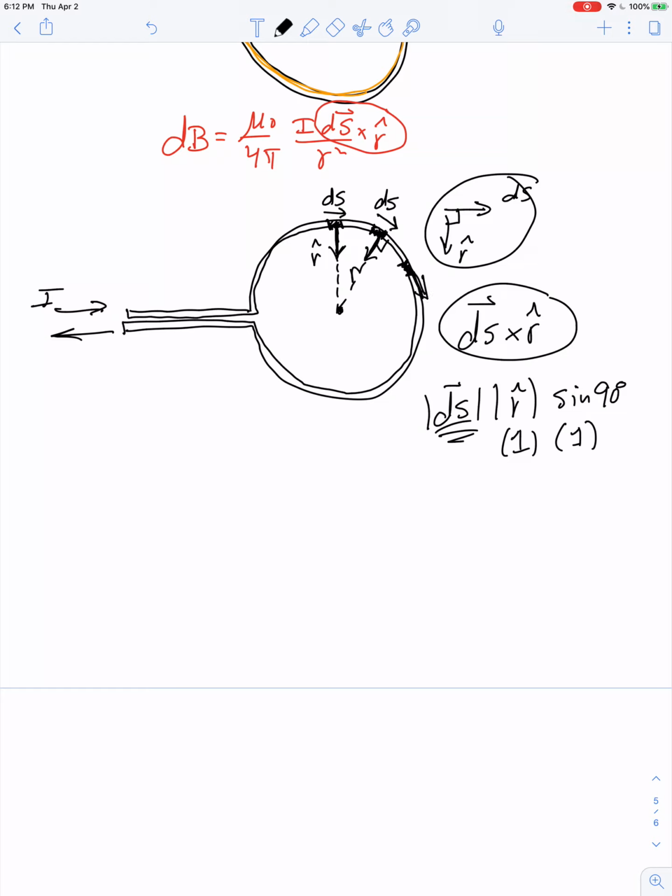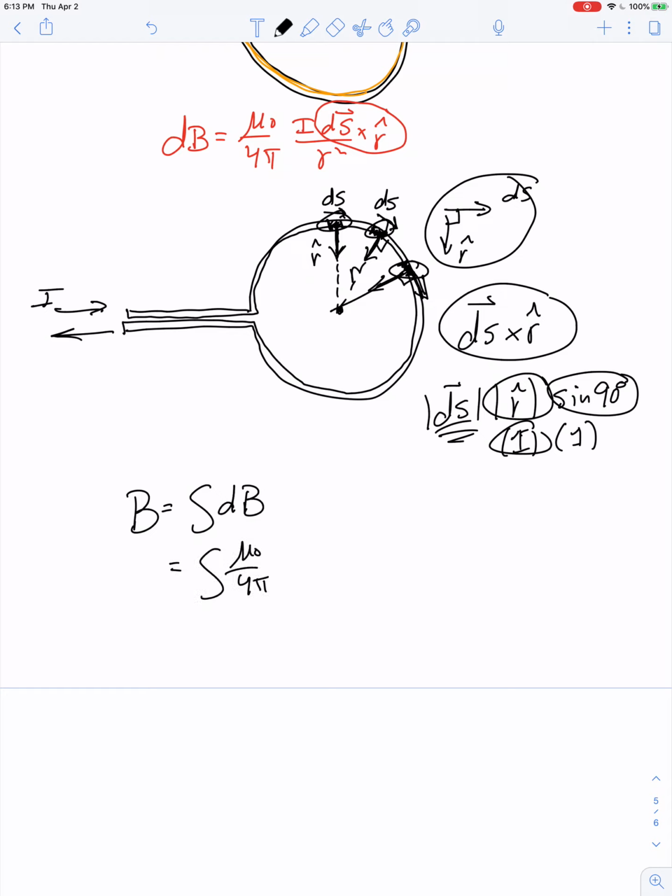If they're all 90 degrees and r hat is a unit vector, then if I want to find the overall magnetic field by summing up all the little bits of magnetism from each one of these segments of the wire called ds, then all I'm doing is summing up mu naught over 4 pi I ds cross r hat divided by r squared. But we found in this special case that ds cross r hat is just ds.